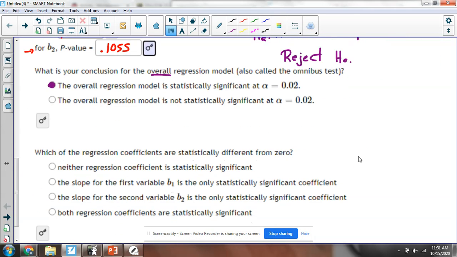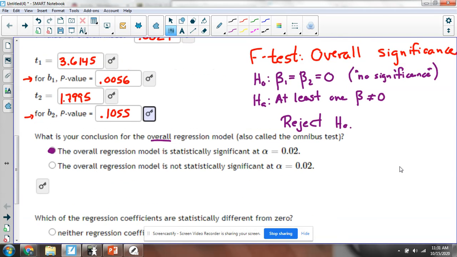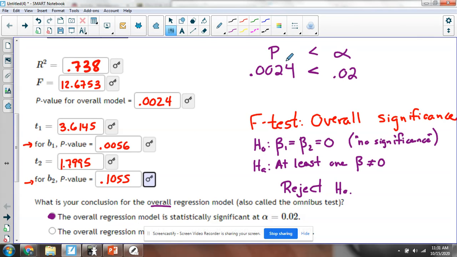Now let's look at specific parts. Can we figure out which one of the coefficients is statistically significant? Which of the regression coefficients are statistically different from 0? So now we're going to use those individual p-values and compare each one to our alpha. For b1, we have 0.0056, which is less than alpha.